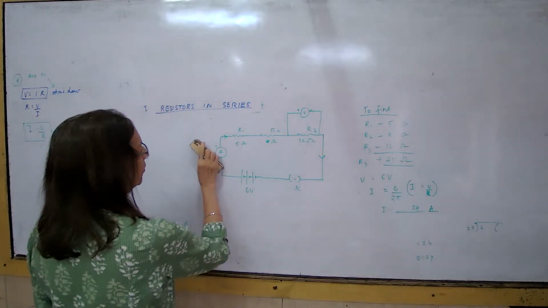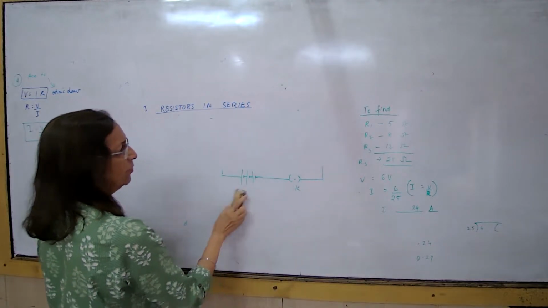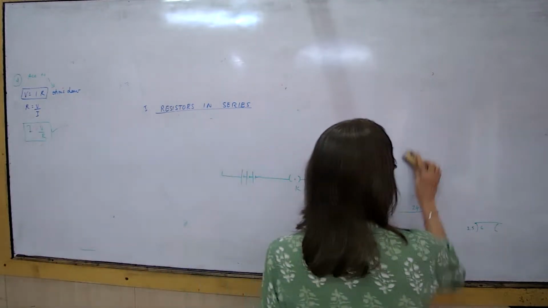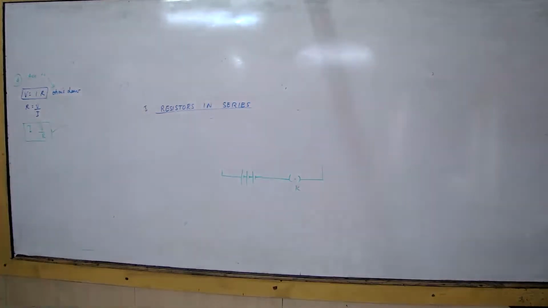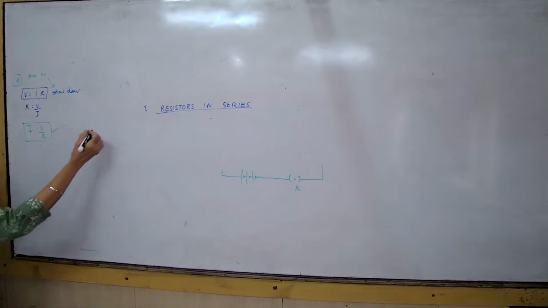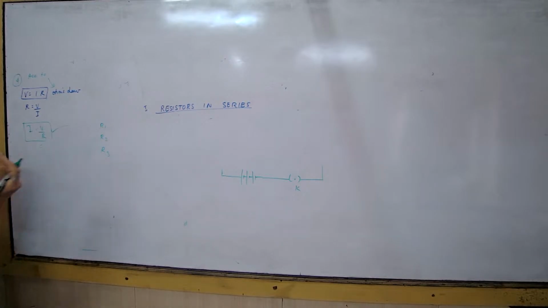Now we do only this part. Suppose I have 3 resistors. Now look at the board.